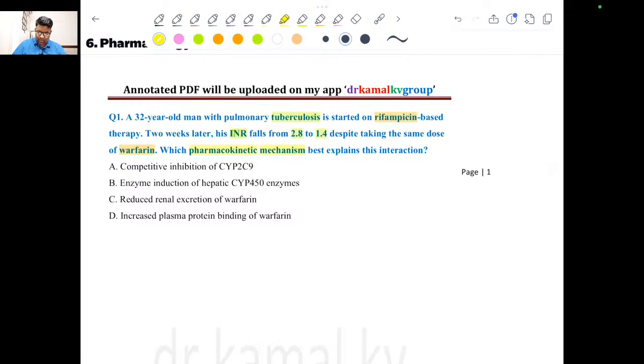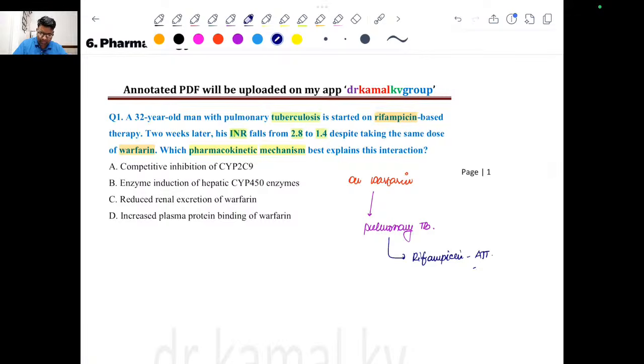Here the patient is on warfarin, right? And then he developed pulmonary tuberculosis, and then he was started on ATT containing rifampicin.